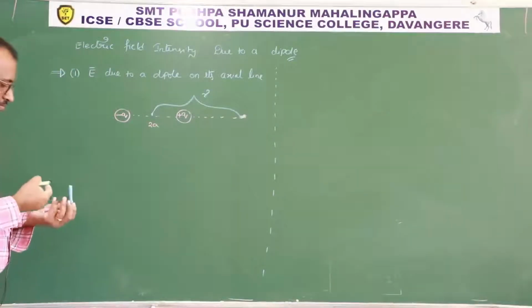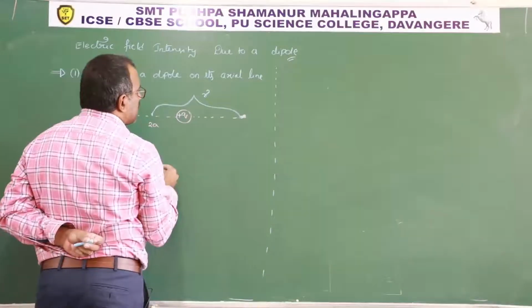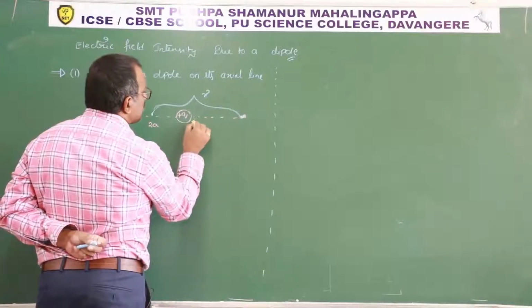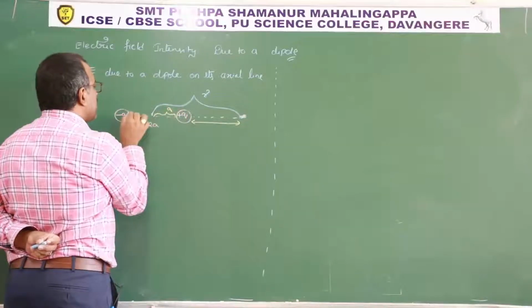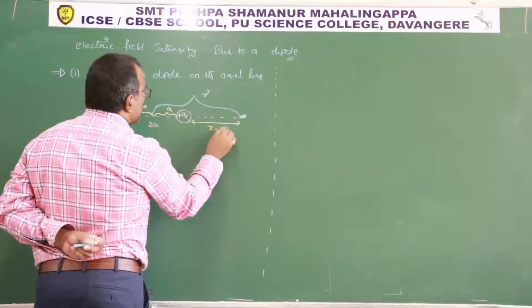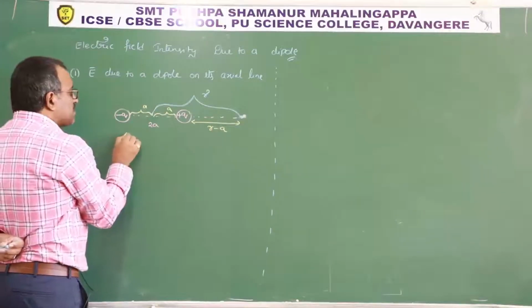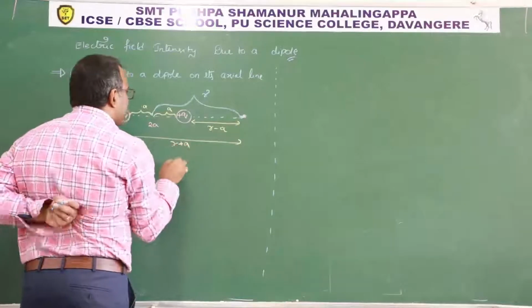Clear? Yes. Now see here, you studied very well. From here to here, what is the distance? Yes, here to here, that is a. Here to here, that is a. Obviously this will be r minus a, whereas from this minus q till here, this will be r plus a.